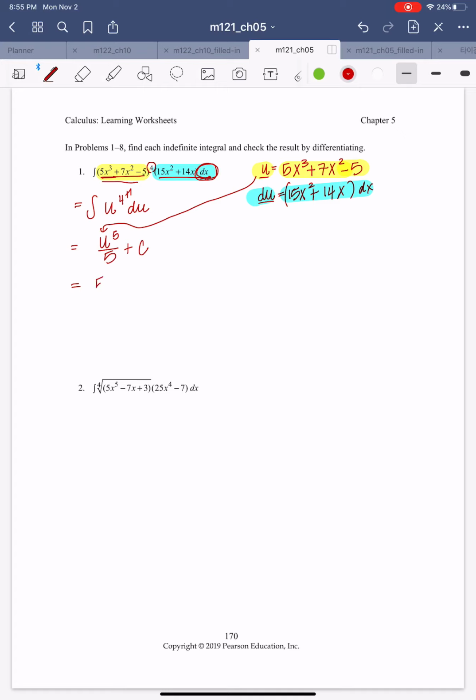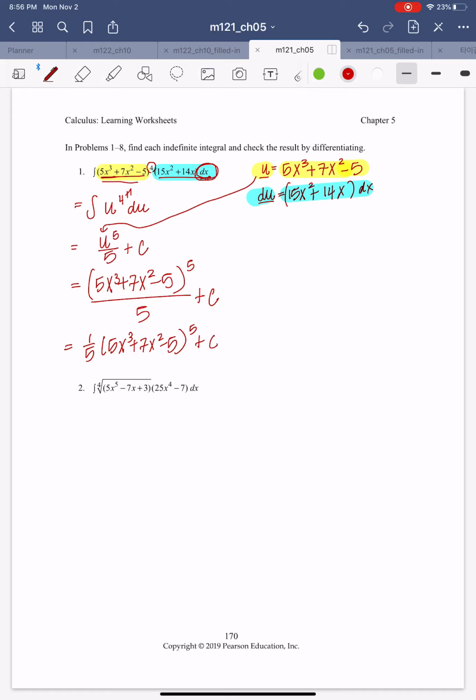So this will be 5x cubed plus 7x squared minus 5, whole thing raised to the fifth power over 5 plus c. Okay? Or you can also write it as 1 over 5, 5x cubed plus 7x squared minus 5 to the fifth power plus c.